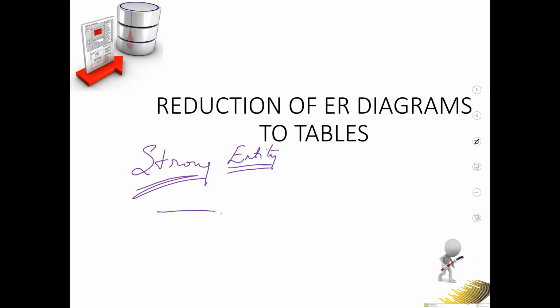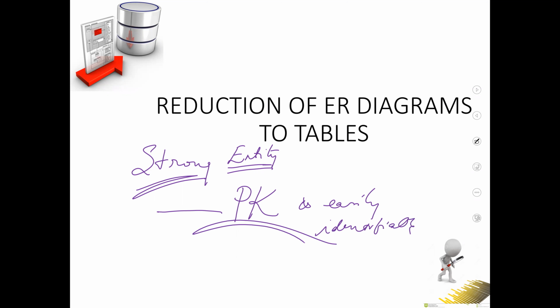In very simple terms, an entity where a primary key is easily identifiable is a strong entity. All that we have seen till now are strong entities, because you were easily able to identify primary keys from that particular entity.